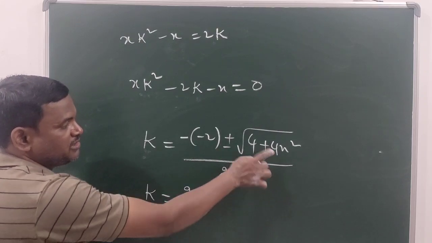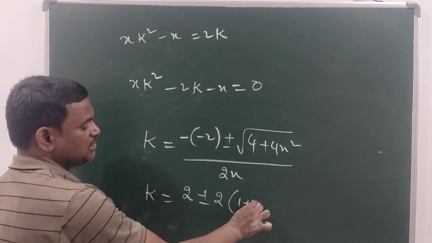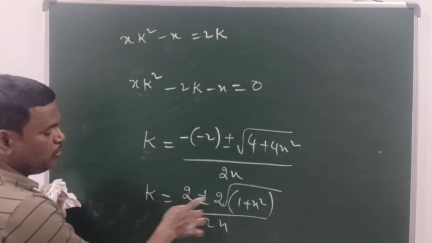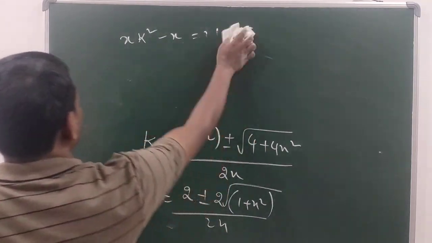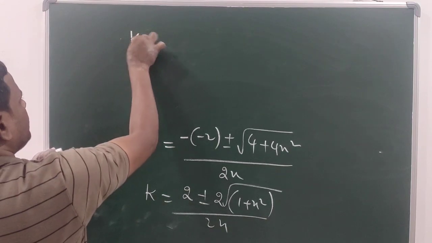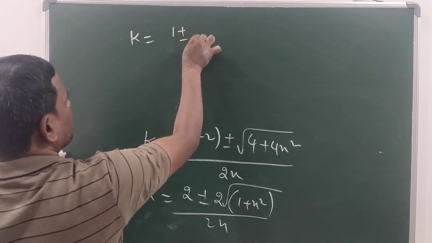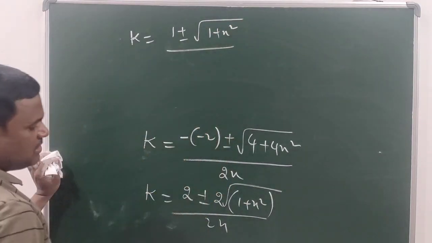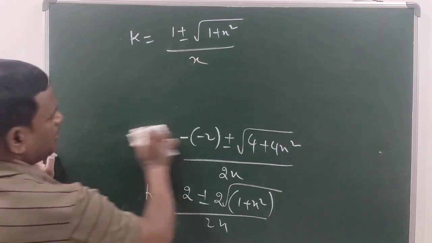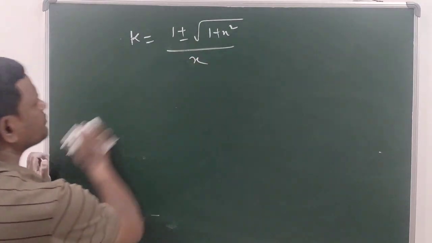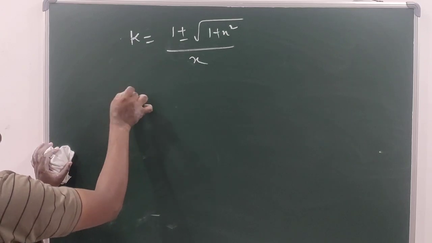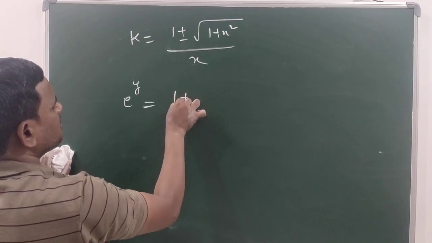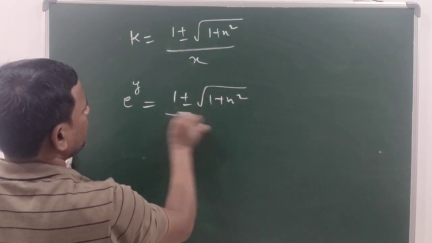2 plus or minus, take 2 common, 1 plus square root of 1 plus x square, by 2x. Now take 2 common and cancel with the denominator. So k equals 1 plus or minus root of 1 plus x square, by x. Now what is k? e power y equals 1 plus or minus root of 1 plus x square by x.